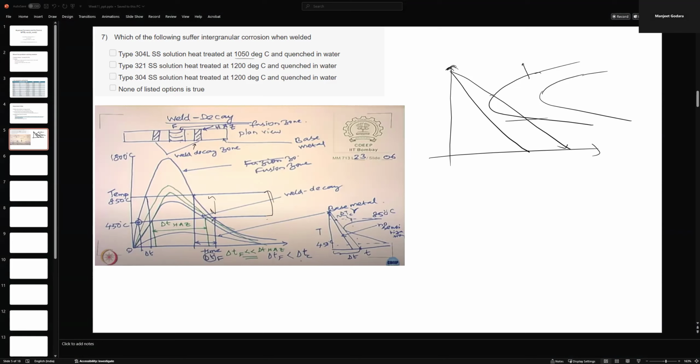It's always about ICC. Titanium dissolves it.